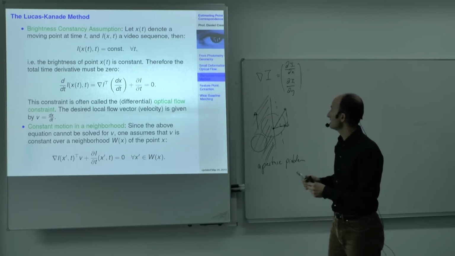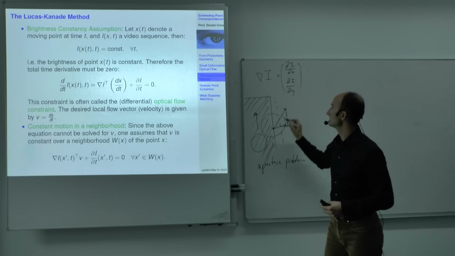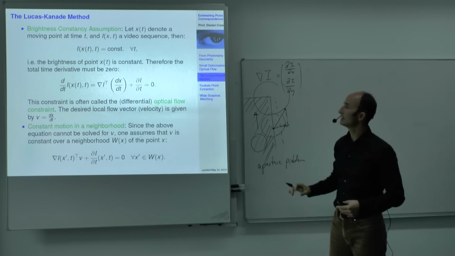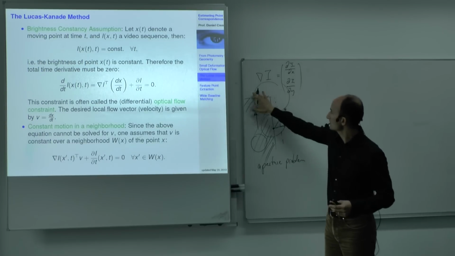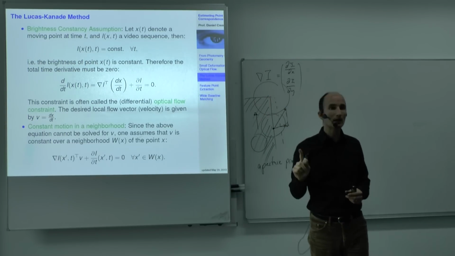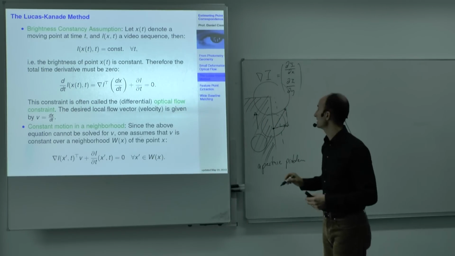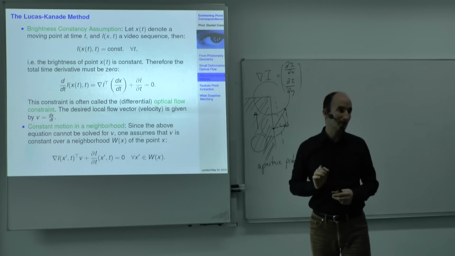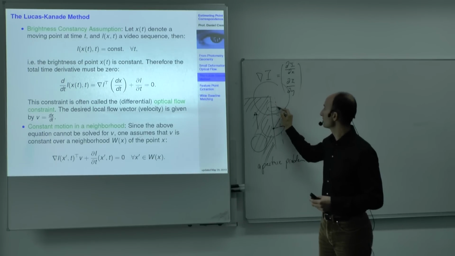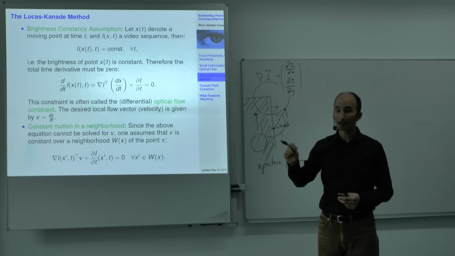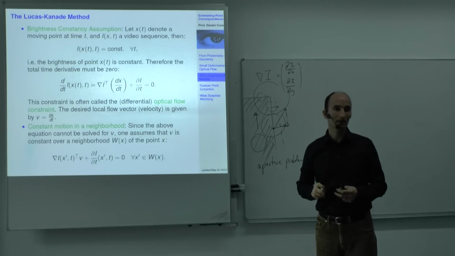And so the idea is that we have a neighborhood, and furthermore the idea is that in the neighborhood we look at, we have structures in different directions. So if you look into this whole neighborhood and say, I want one velocity vector that is consistent with this optical flow constraint, then you will be able to estimate the full motion. Because you will see in this area the component of the flow in that direction, and in this area you will see the component of the flow in the other direction.